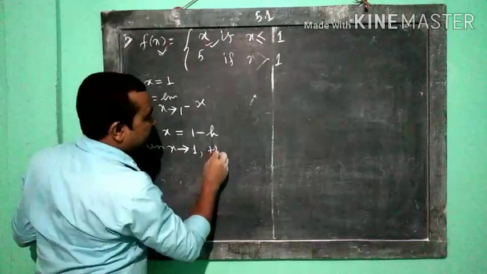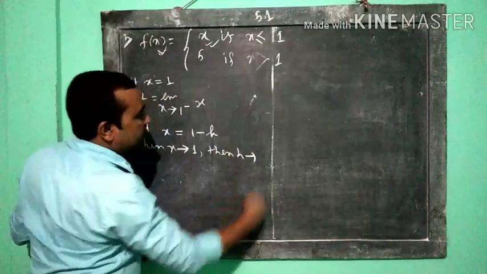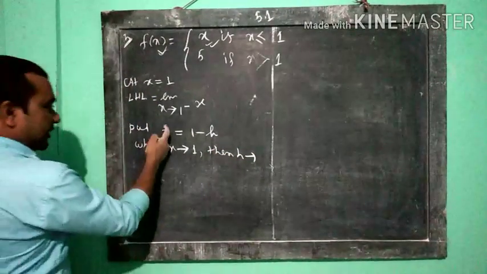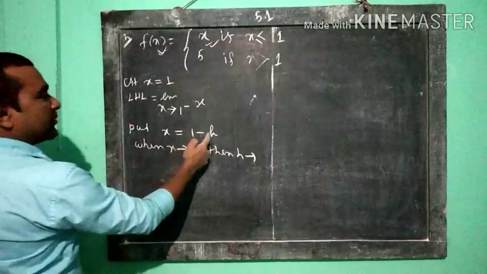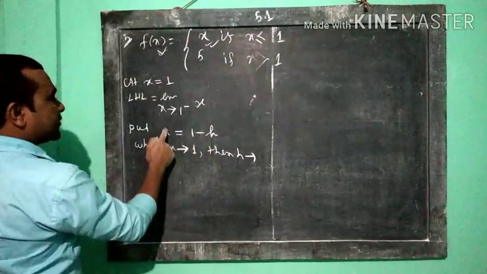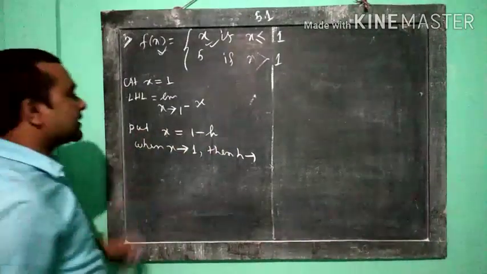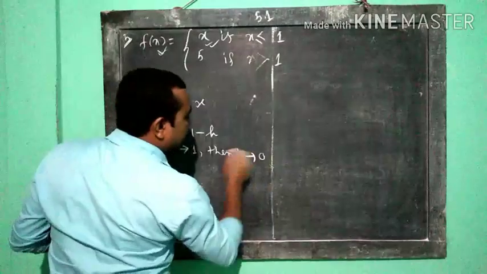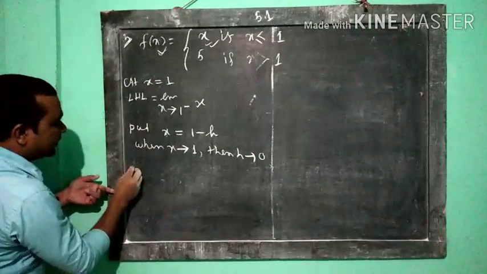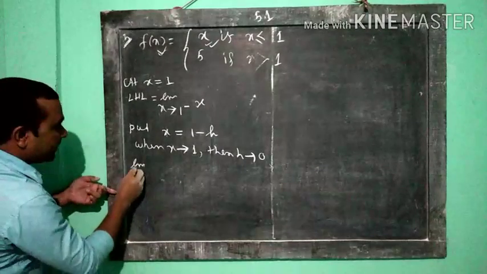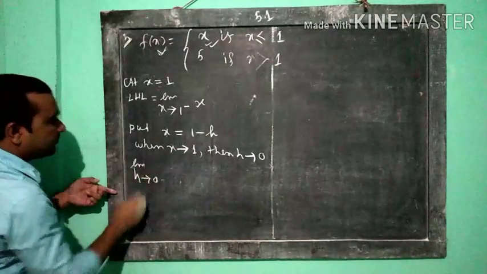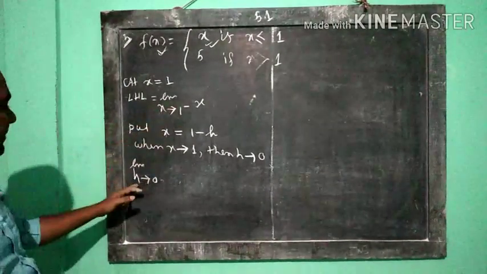If we put this, 1 minus h here and 1 here, the 1 cancels out, so h tends to 0.